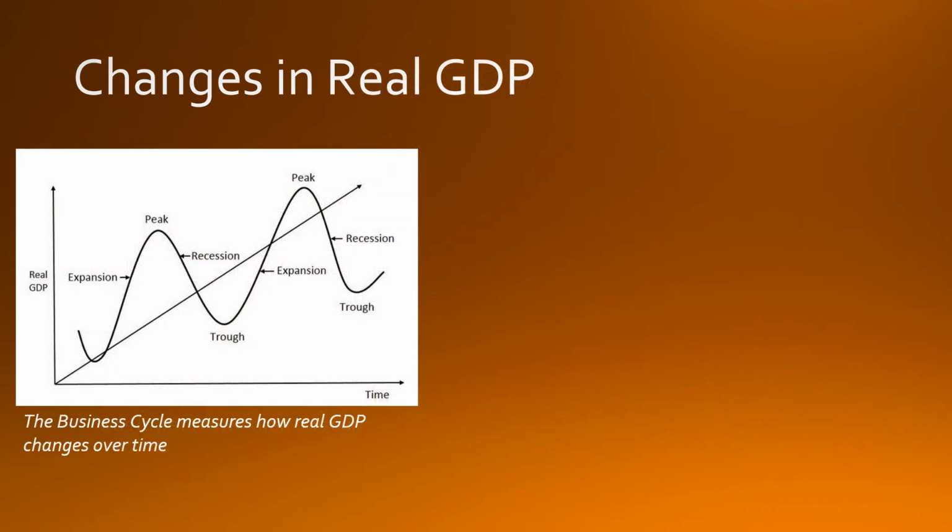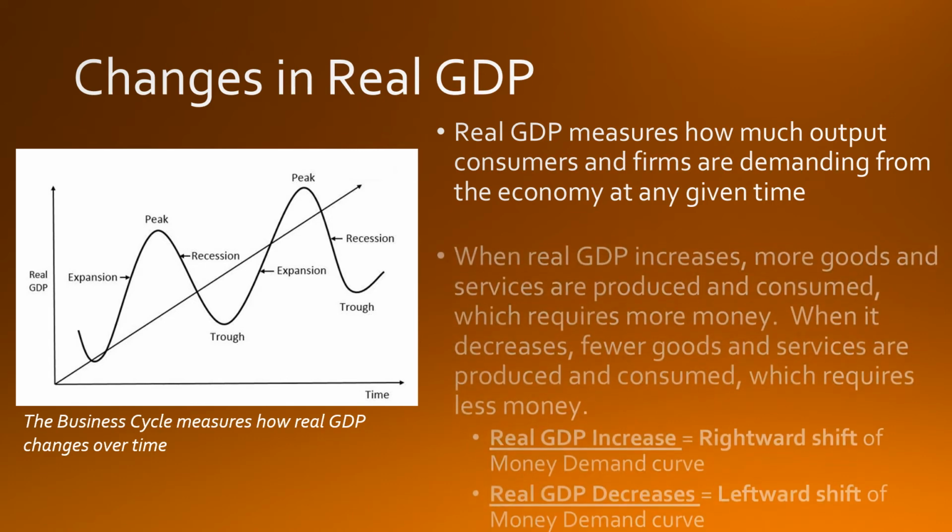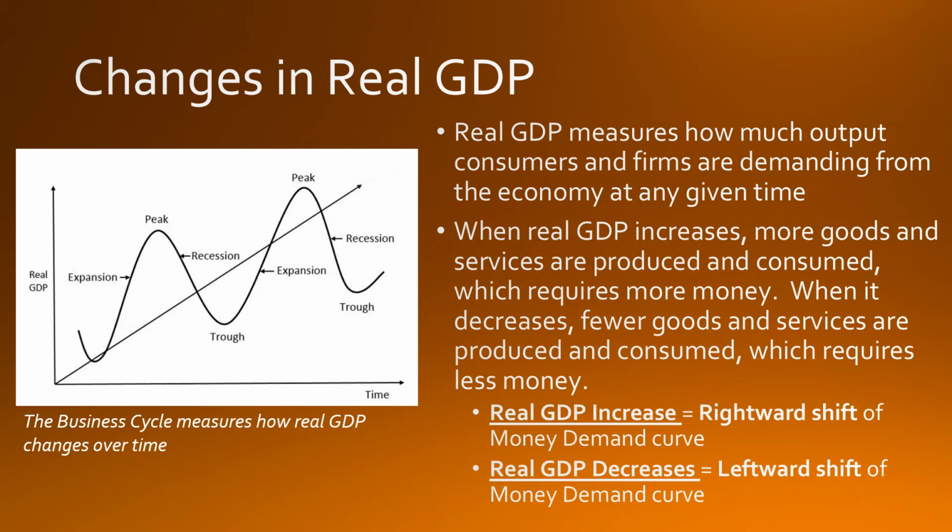Now, change in real GDP. We know that real GDP measures the amount of stuff we produce over time. When real GDP rises, we're producing more stuff. When real GDP falls, we're producing less stuff. If consumers and firms are demanding more output from the economy, buying more stuff, then it stands to reason that they're going to need money to get that stuff.